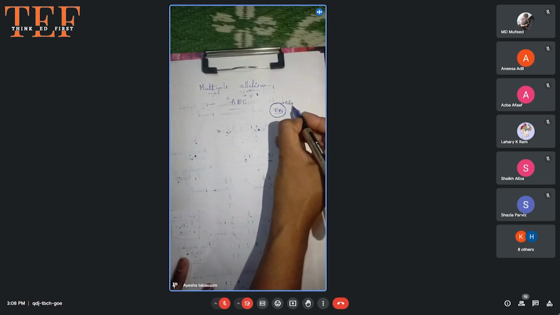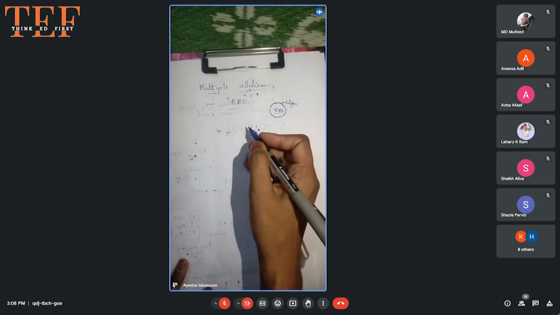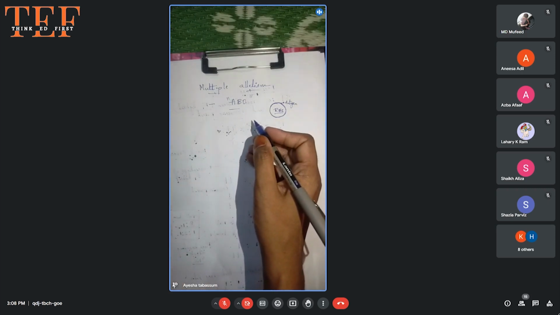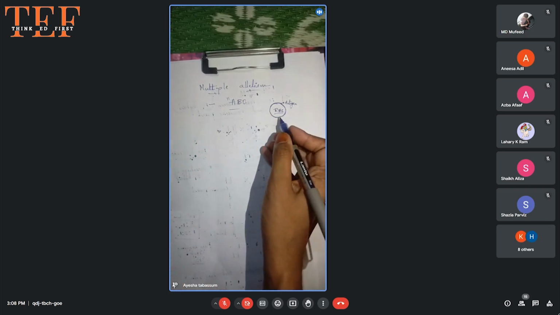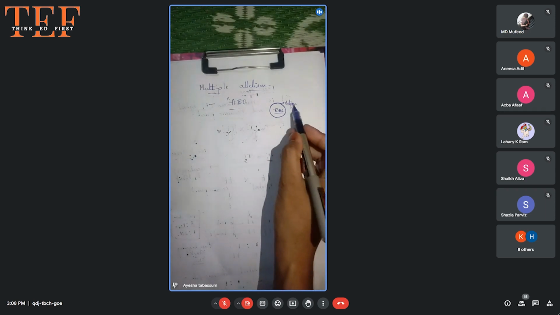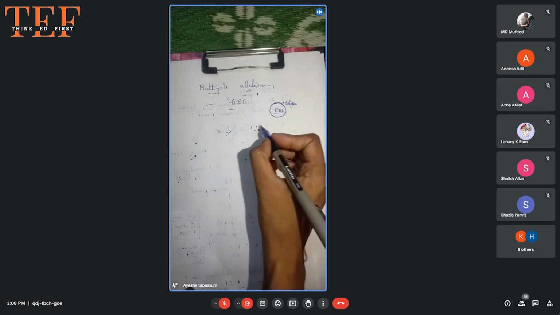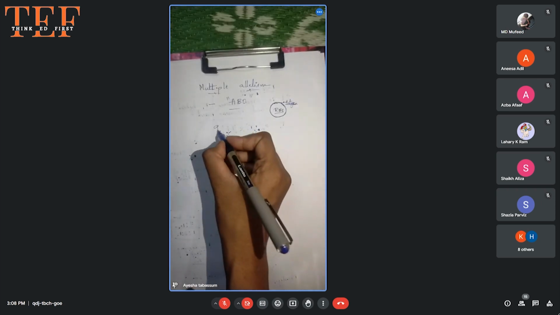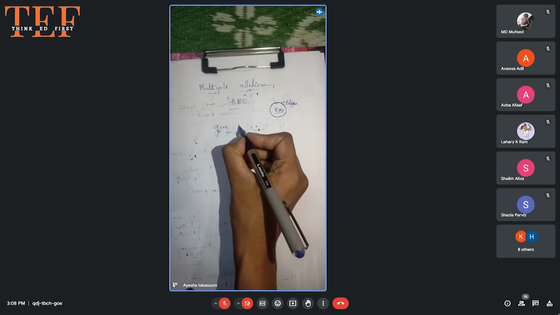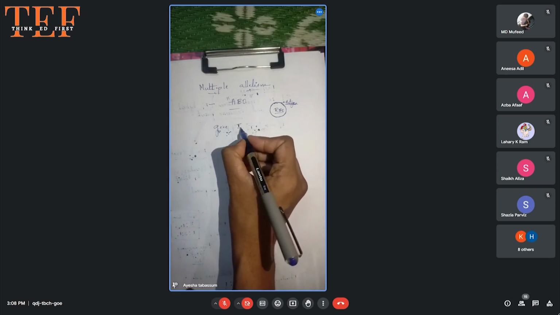The type of antigen present on your RBC determines the blood group. The synthesis of this antigen is regulated by a gene. What is the name of the gene? I. Are you understanding my point?